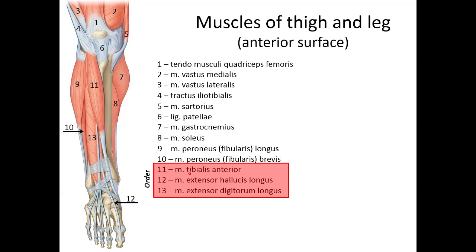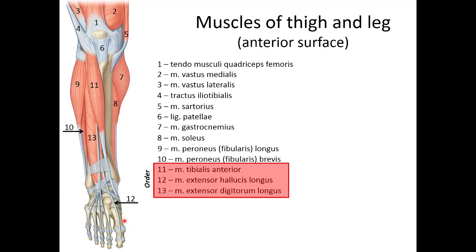So be attentive. The first muscle is musculus tibialis anterior, then extensor hallucis longus, number 12, then extensor digitorum. This order: tibialis anterior, extensor hallucis, extensor digitorum.